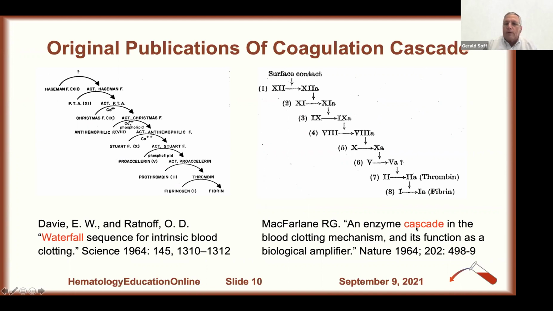Robert Macfarlane from Great Britain called it a cascade, but the concepts were very similar. If you notice, both of them use Roman numerals, but also names, at least in the Davie-Ratnoff paper. And these papers have basically stood the test of time for decades and formed the fundamental understanding of the coagulation cascade.